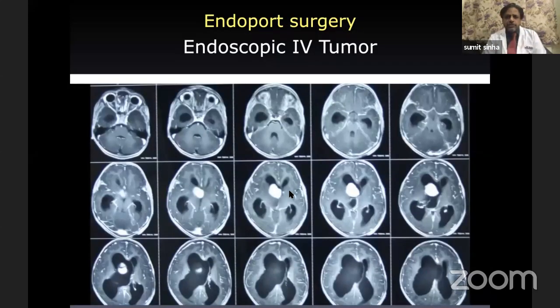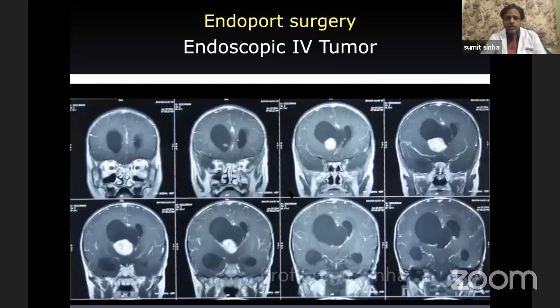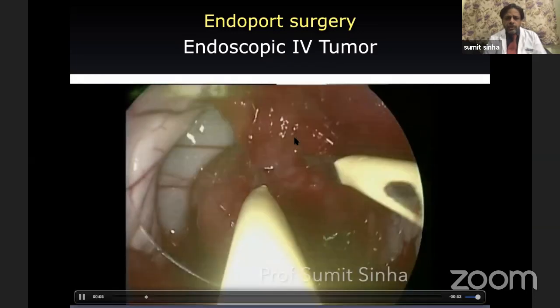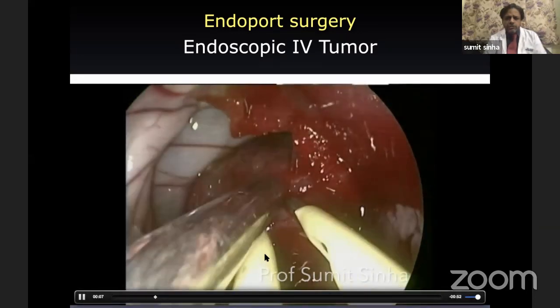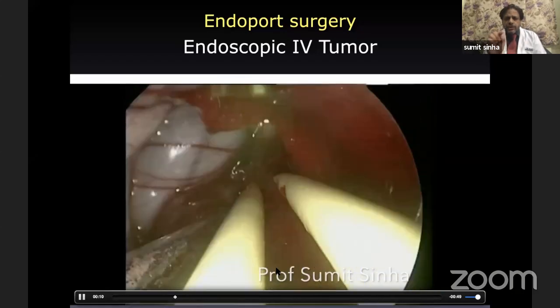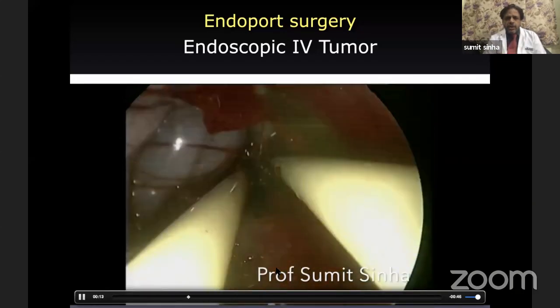Intraventricular tumor surgery, yes, this can be done by an endoscope. Now, this was an intraventricular tumor. As you can see, the scope was taken inside through the corticectomy and placed.